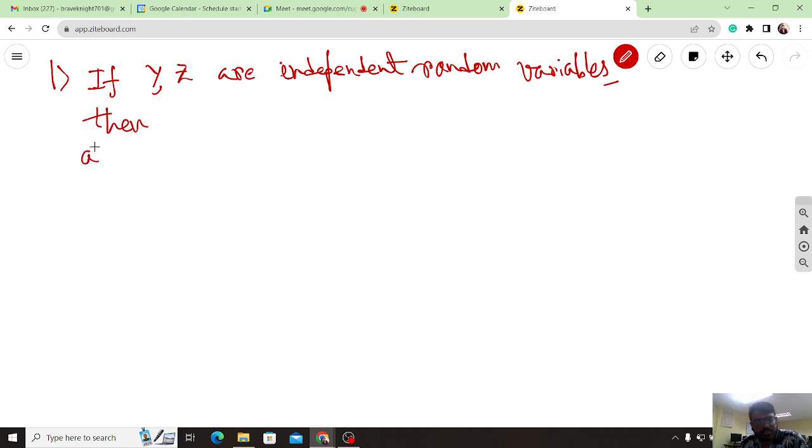So the first option is expected value of Y given Z is less than expected value of Y.